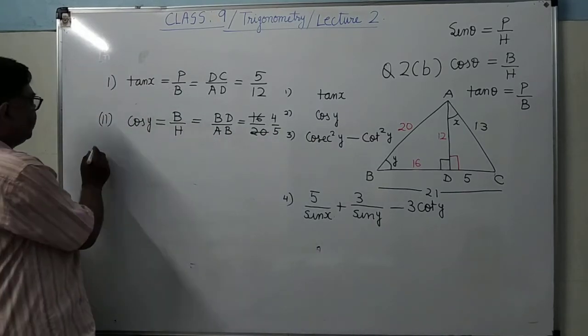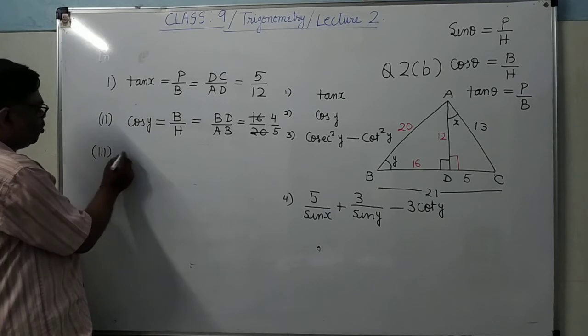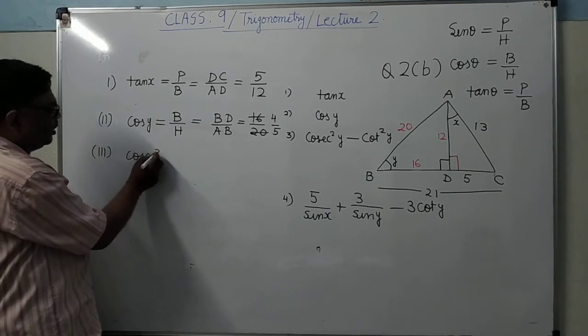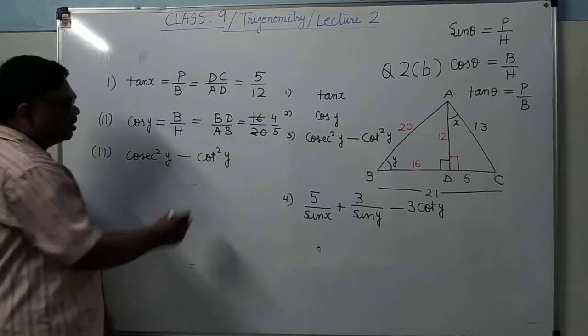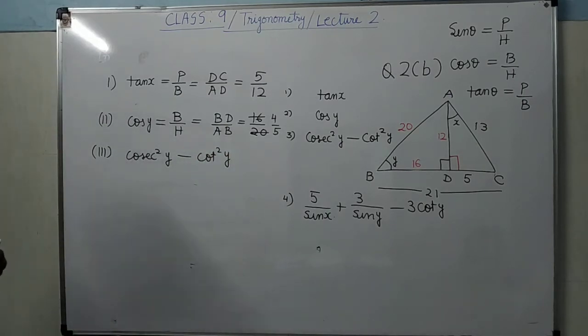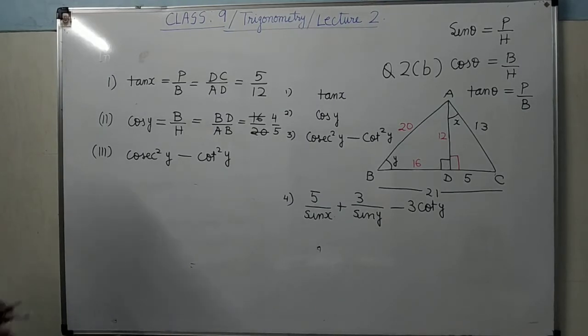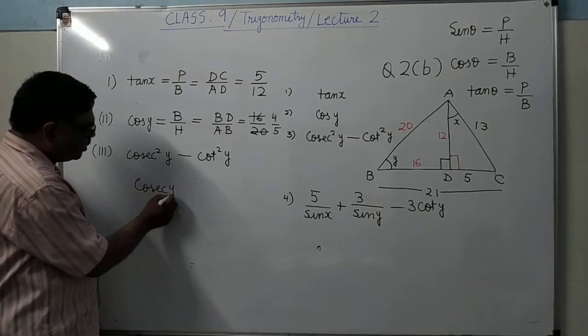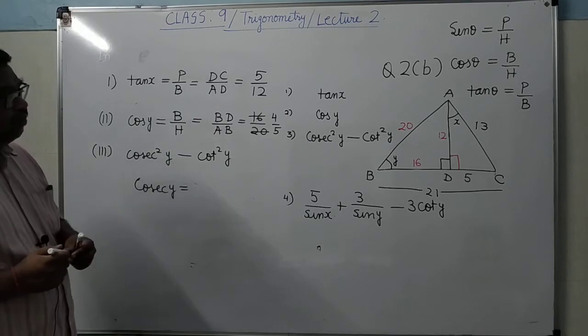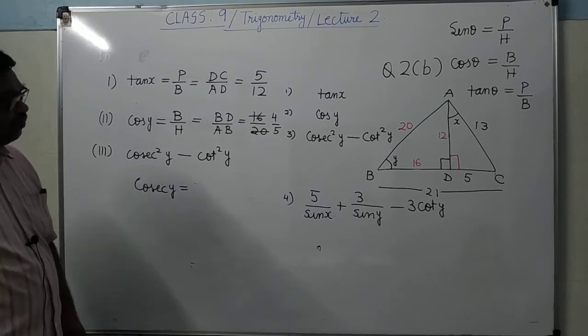Then you have to find cosec square y minus cot square y. It's clear? Now listen here. First we will find out cosec y and then we will find out cot y. So what will be cosec y? Both will be seen from which triangle?